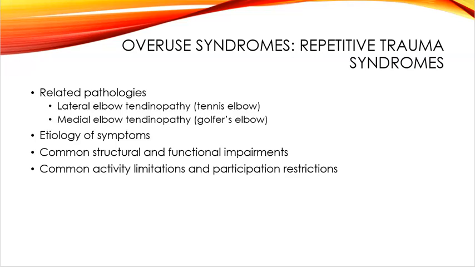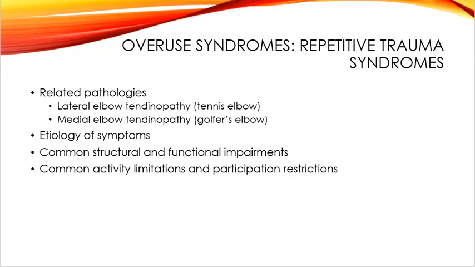wrist stability, such as the backhand stroke in tennis, or repetitive work tasks that require repeated wrist extension, such as computer work or pulling weeds in a garden, can stress the musculotendinous unit and cause symptoms.